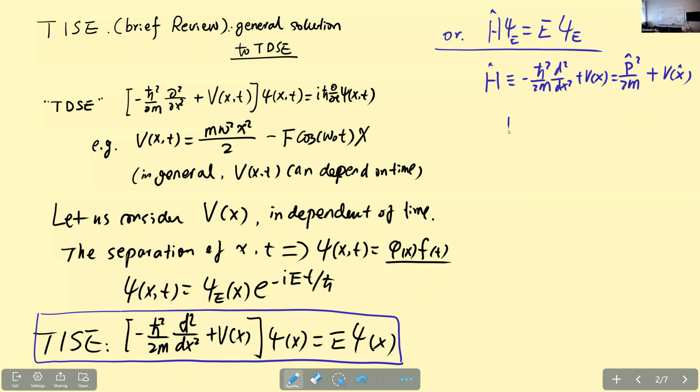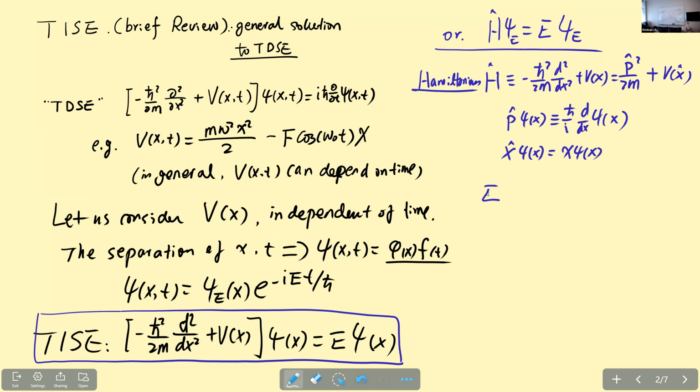The momentum operator acting on psi(x) is defined as h bar over i times the differential with respect to x once. And the x operator is very simple, just x times psi(x). This is called the Hamiltonian, because it's just the kinetic energy plus the potential energy, so it has the meaning of energy.